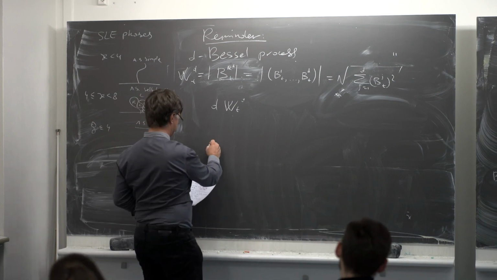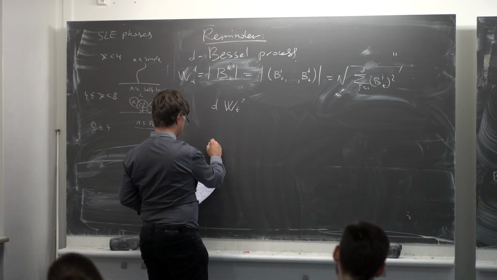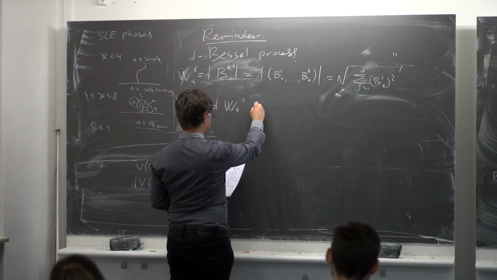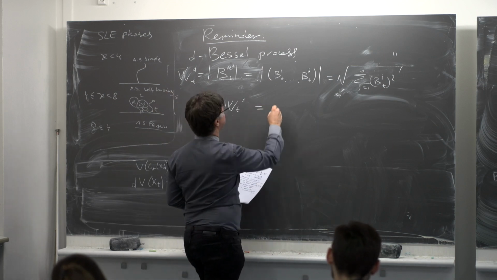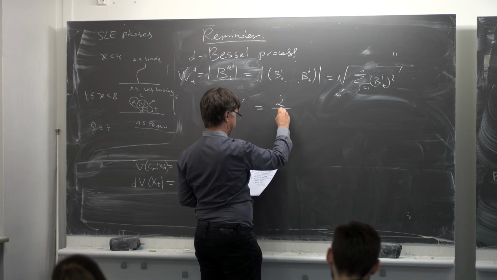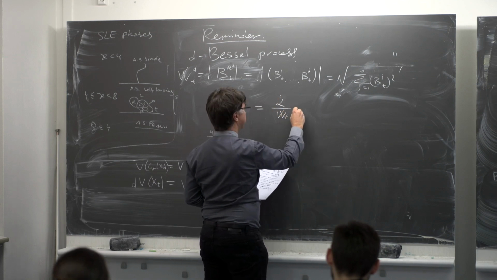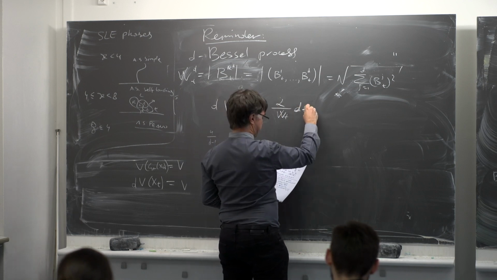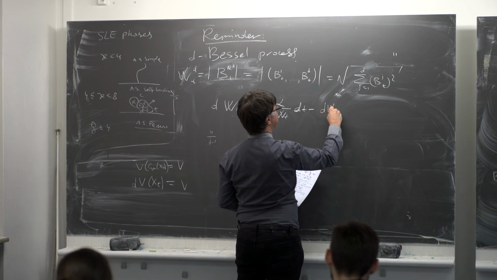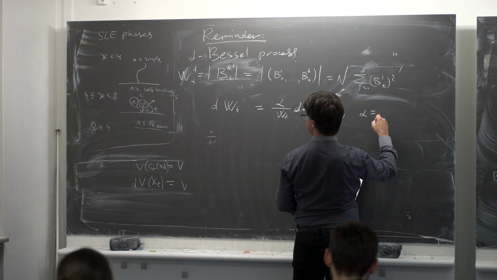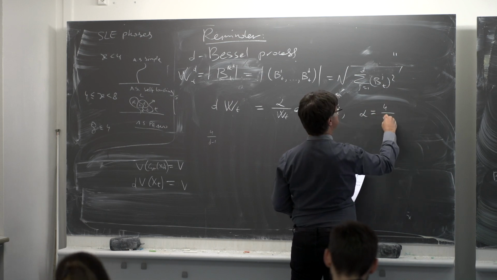Let's say dW_t = alpha over W_t dt minus dW_t, where alpha is, if I recall correctly, 4 over d minus 1.